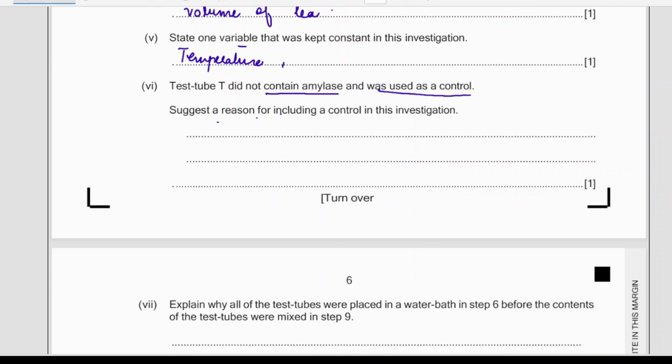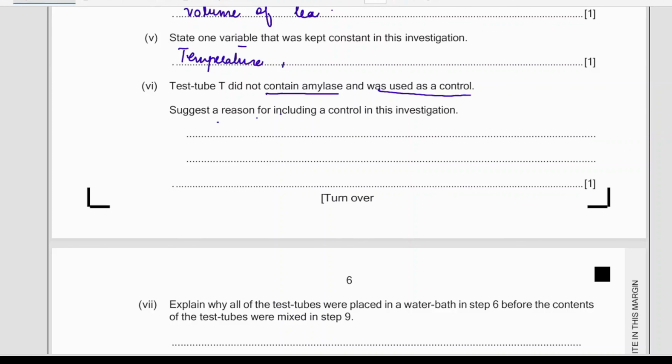For example, if we are investigating the effect of light intensity, excluding the light intensity would be our control, meaning the darkness would be our control, right? If we are checking the activity of some enzyme, excluding that enzyme, because the enzyme is not present, it means the independent variable is out of it. Okay, so excluding the independent variable would be our control.